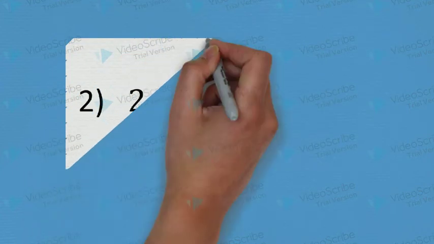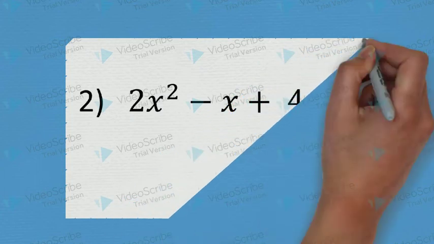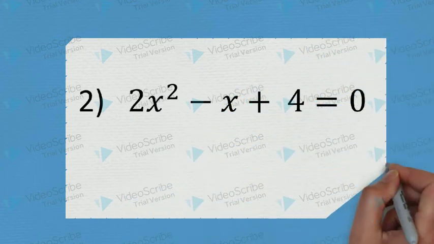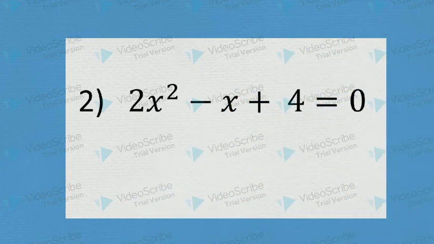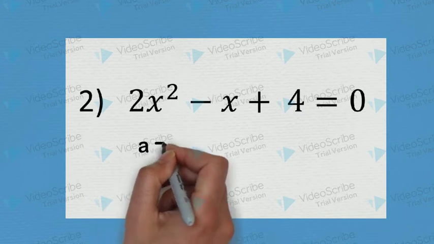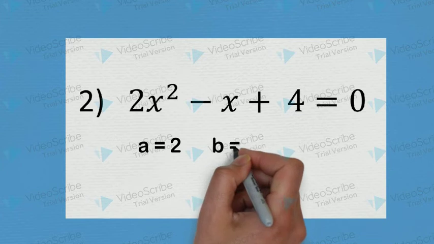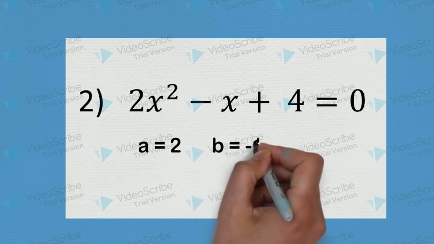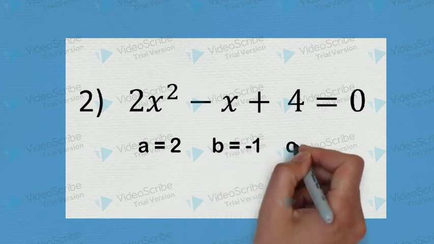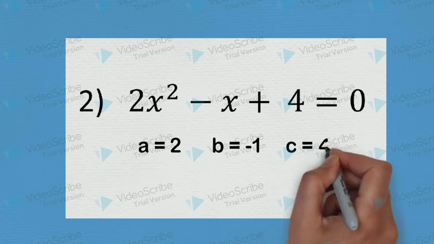Great. Let's do the same for the other quadratic functions. We already know a, b, and c. So now let's look at number 2. 2x squared minus x plus 4 equals 0. We know that a equals 2, b equals negative 1, and c equals 4. So plug these values into the quadratic formula.